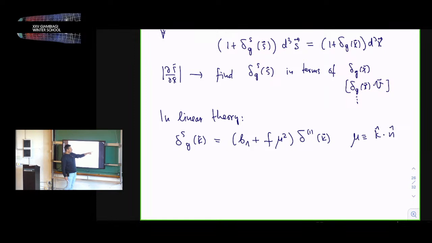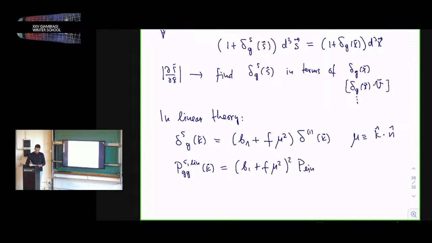It's basically the first term, which is linear in velocity. So the velocity term gives you this contribution. And you can find similarly how the expressions look at higher orders in perturbation theory. You can again perturbatively compute all higher orders. So if you now compute the linear P_gg in redshift space of k, this of course is a well-known formula, which is just the square of this times P linear of k.